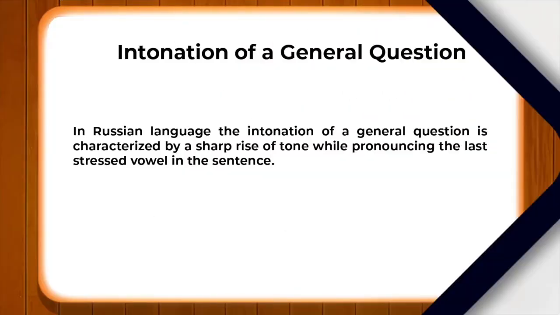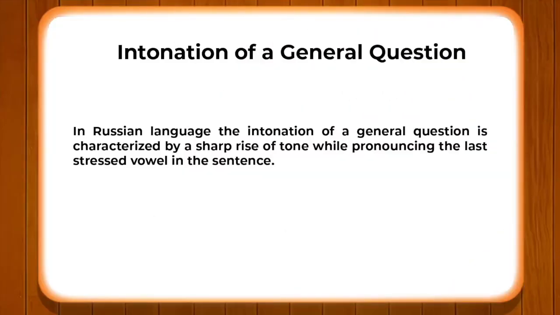In the Russian language, the intonation of a general question is characterized by a sharp rise of tone while pronouncing the last stressed vowel in the sentence. And how do we understand that? Let us look at this example first. Eta dom, da, eta dom.